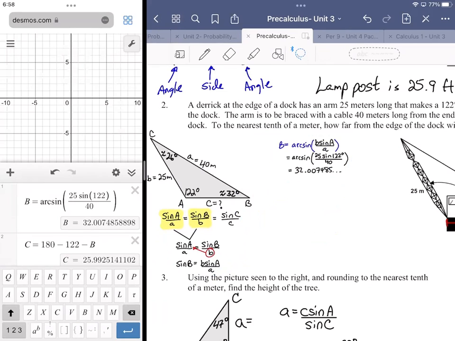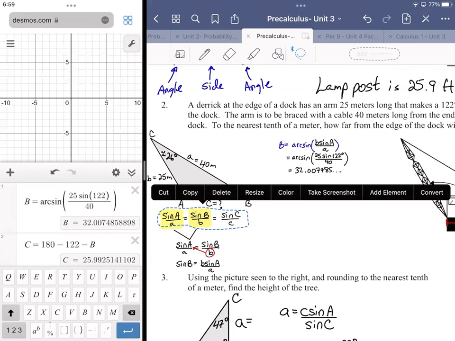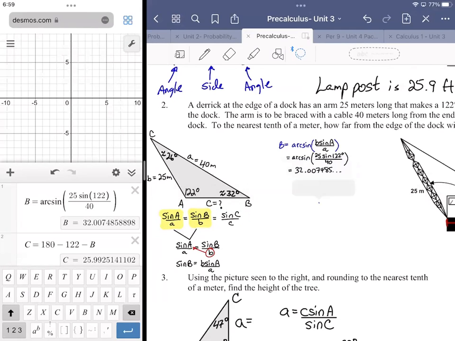So now I got to figure out side C. So I need to know how to manipulate my law of sines in order to pull that off. So I go back to my law of sines and I'm looking at it and I'm saying, well, I knew everything there was to know about angle A and side A. So I'm going to hang on to that. That's good information.